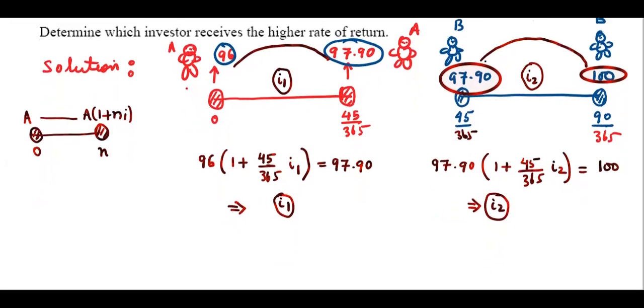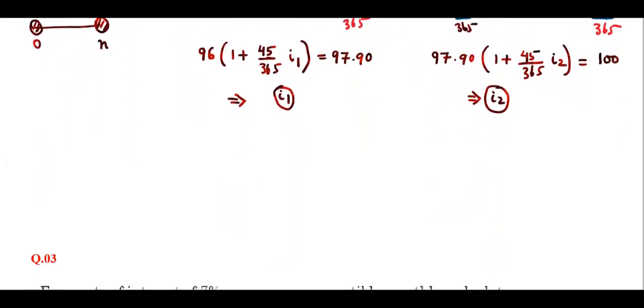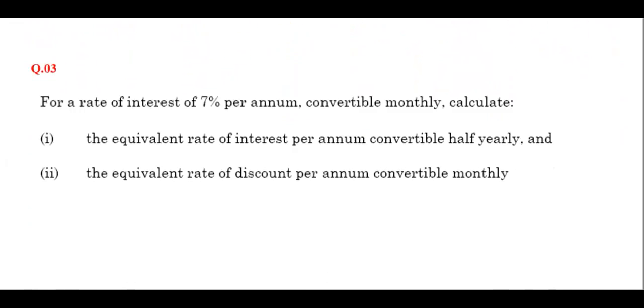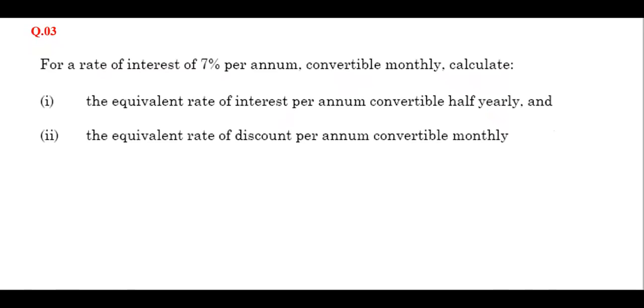So the first problem is over, the second is also over, and the next one, number 3, it says for a rate of interest of 7% per annum, convertible monthly, that means I12 is given. Calculate the equivalent rate of interest per annum convertible half yearly.